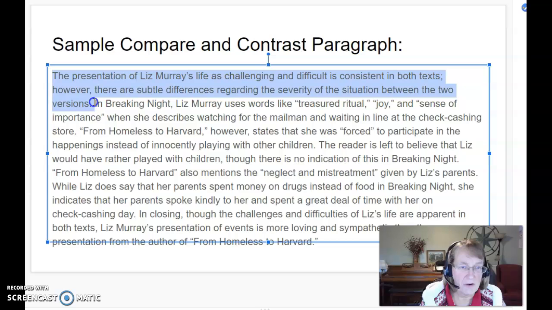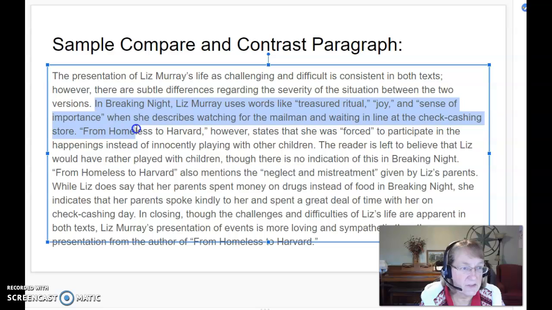Then it's going to go through and talk about the differences. So here it says, in Breaking Night, Liz Murray uses words like treasured, ritual, joy, and sense of importance when she describes watching for the mailman and waiting in line at the check cashing store. And then in comparison, it says from Homeless to Harvard, however, and there's a transition word, she was forced to participate in happenings instead of innocently playing with other children.